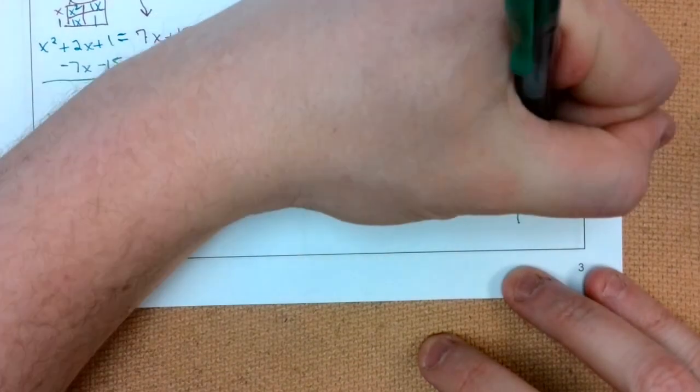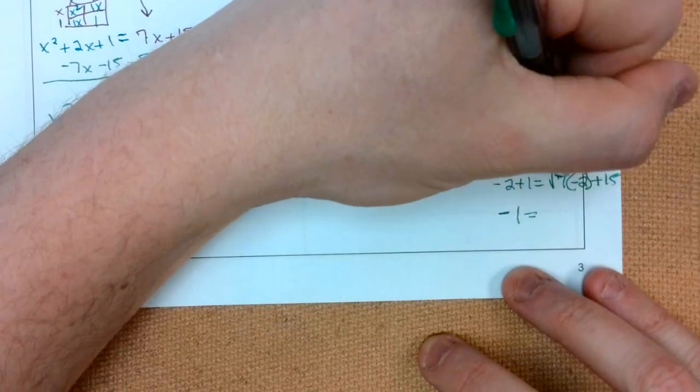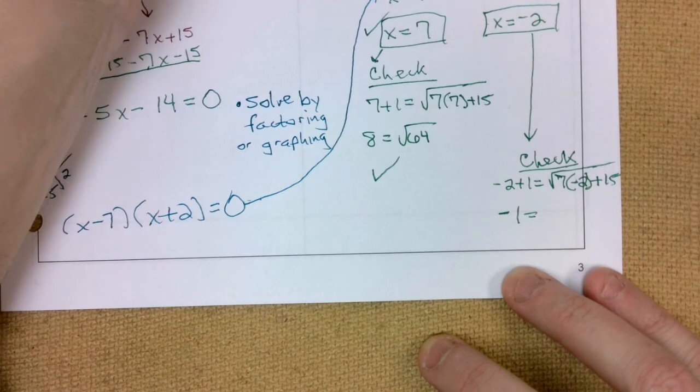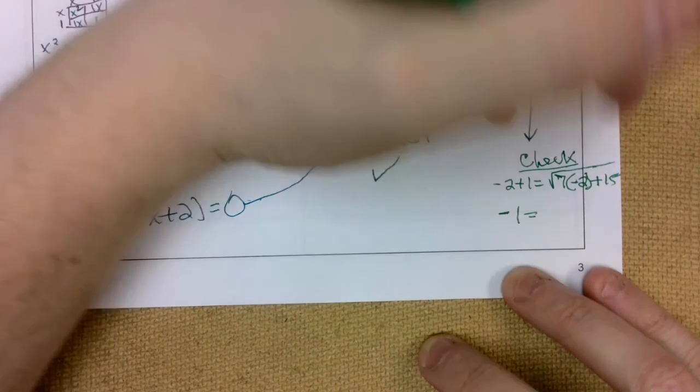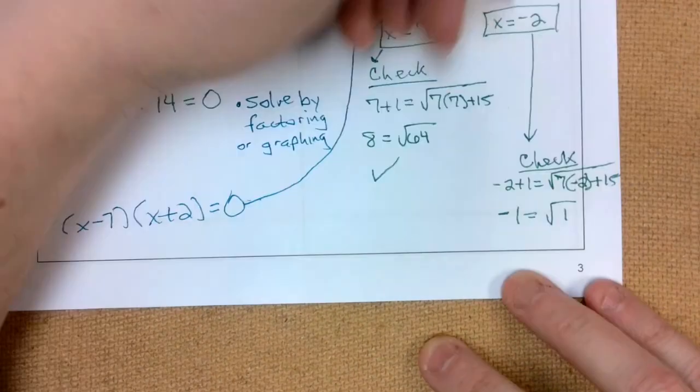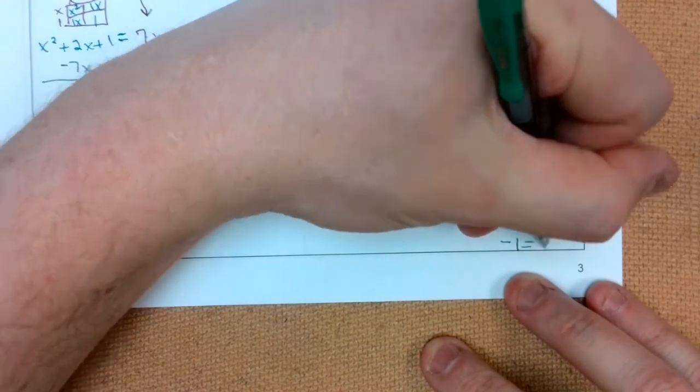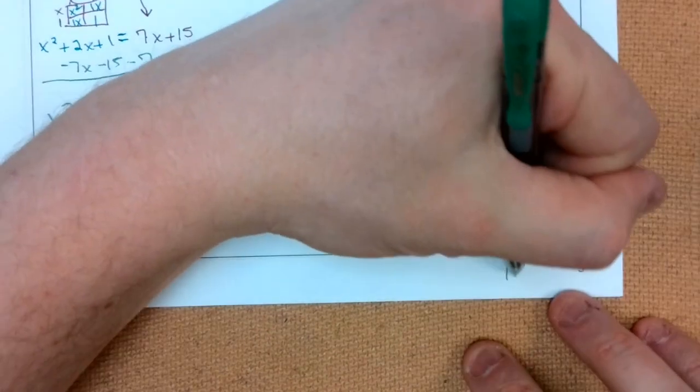This is 7 times -2 is -14, plus 15, square root of 1. We get -1 equals 1. That is bad. No.